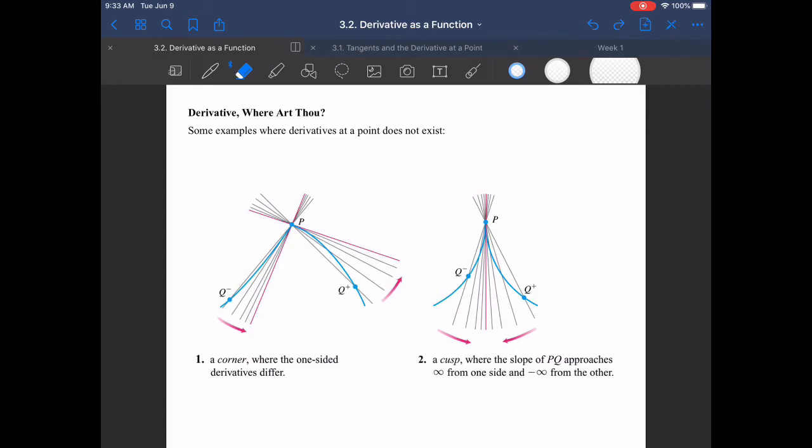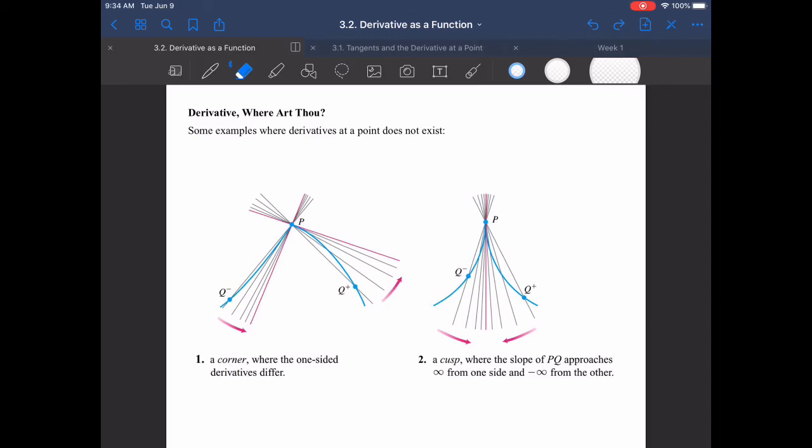Next, we're looking at some examples of derivatives at a point where it doesn't exist. This is what I was talking about, the sharp corners and things like that, where there's really nowhere to put anything. At a corner or a cusp, we're not going to be able to take derivatives because it needs to be smooth and continuous.